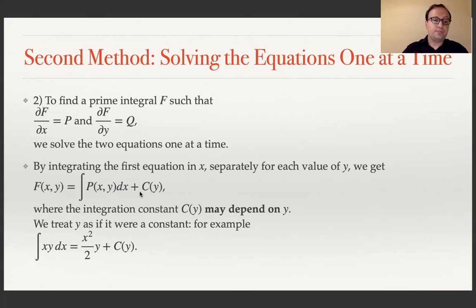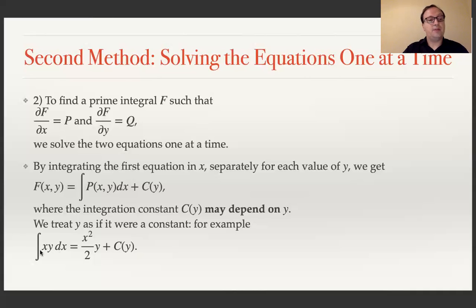And in these integrals, as I said, we integrate separately for each value of y, and this allows us to treat y as if it were a constant. So for example, the integral of xy dx in this context is just x squared over 2 times y plus a constant that depends on y, because we treat y as a constant.